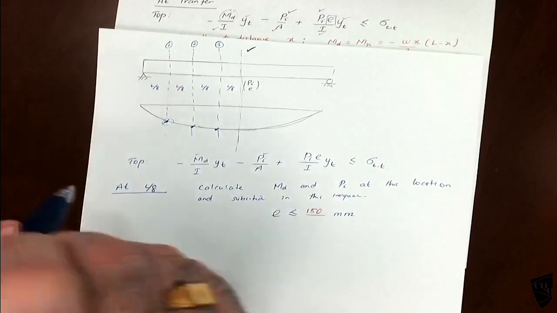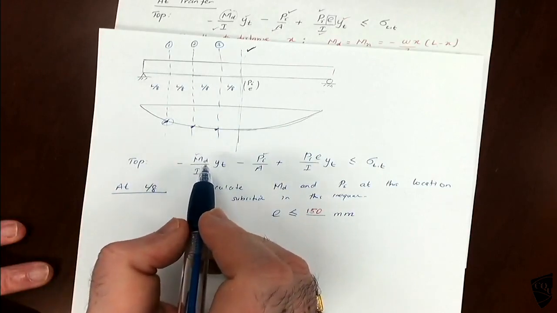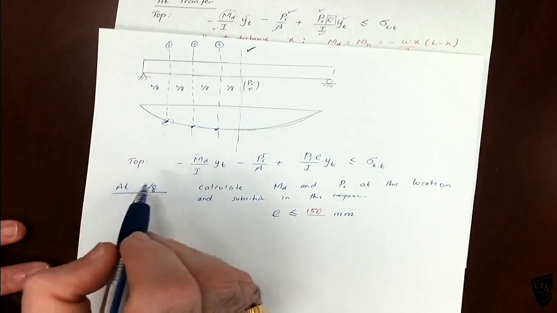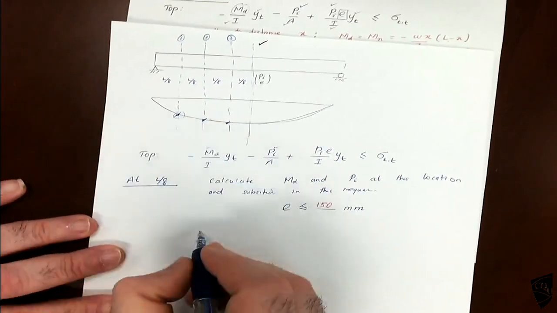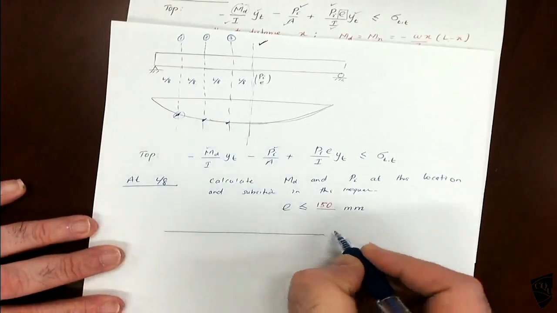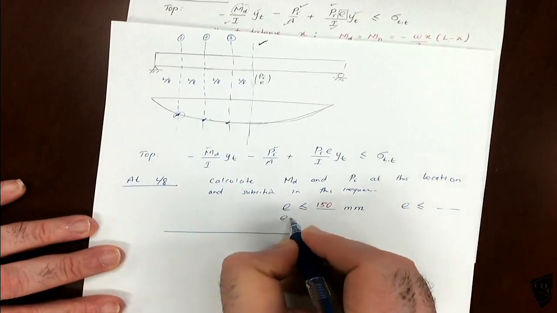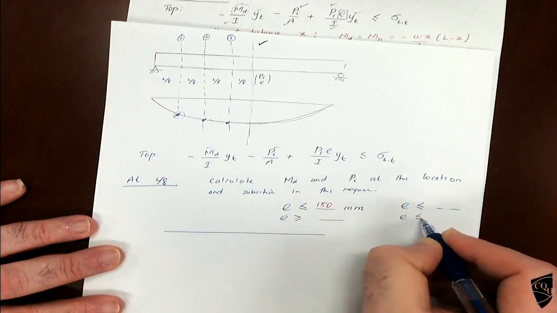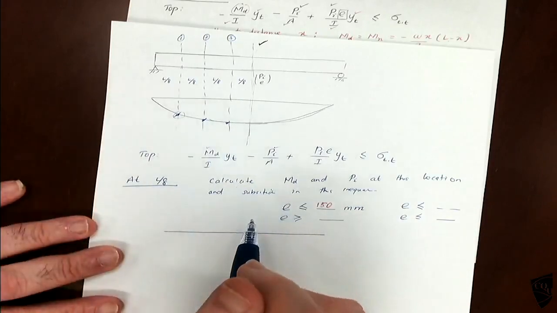So you will have 4 inequalities, 2 for transfer, 2 for service. In each one at L by 8 you will find out 4 values, e less than or equal to something, e greater than something, then e less than something. So you'll have 4 values, because you have 4 inequalities.